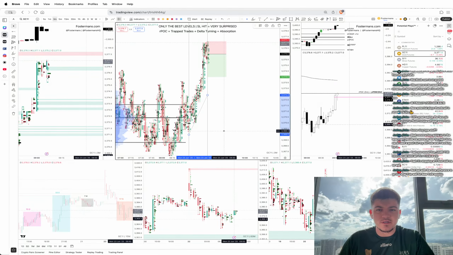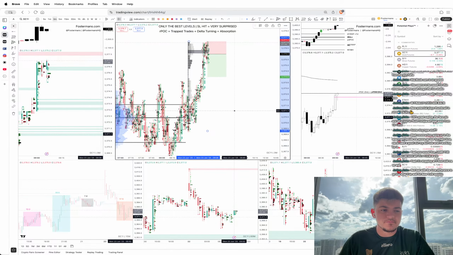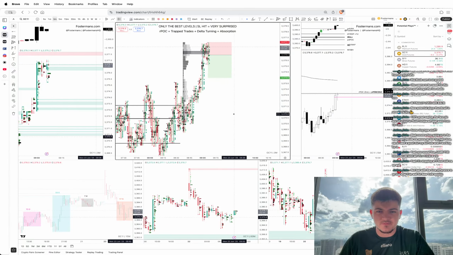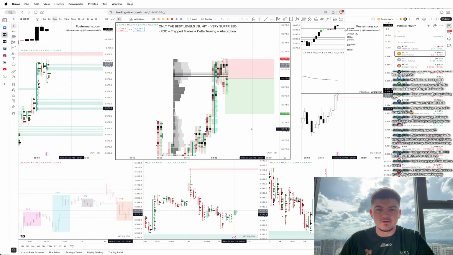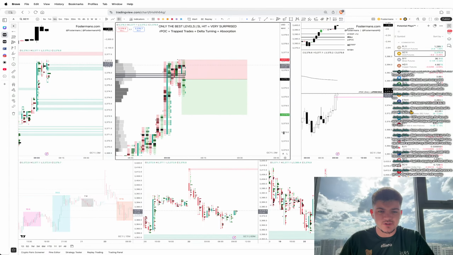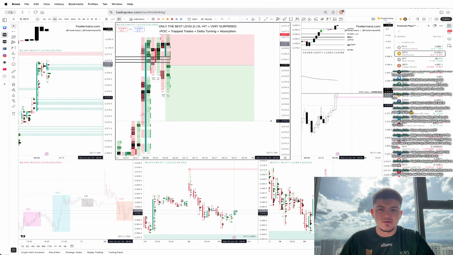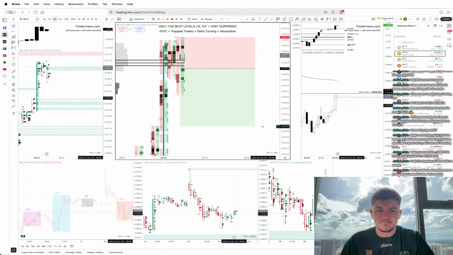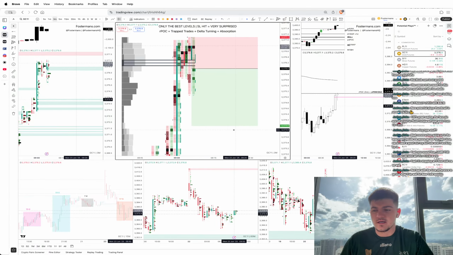Again, kind of just waiting until we see a lot of volume coming in. So we kind of want that instant drive down. Again, we're still hovering around here, so we're not really too concerned with getting in yet. Kind of just waiting on that confirmation, right?